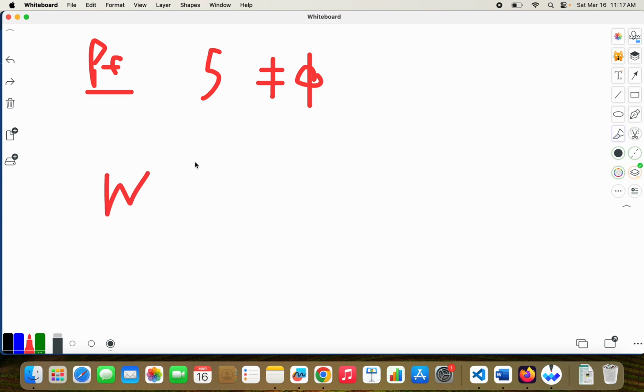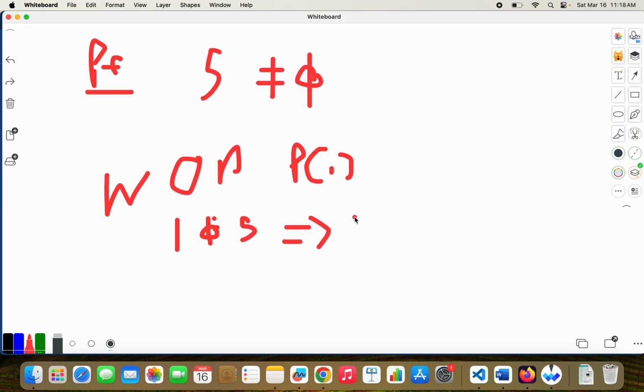By the well-ordering property, S has a least element, X. Since P of 1 is true, 1 is not in S. So X is not 1. In particular, X is greater than 1.